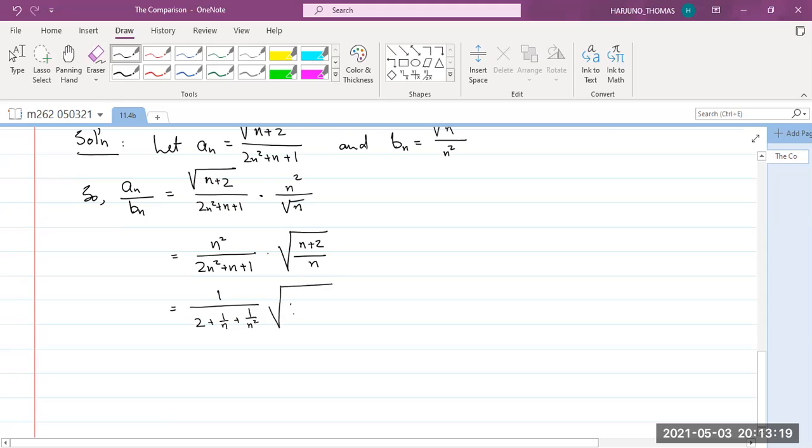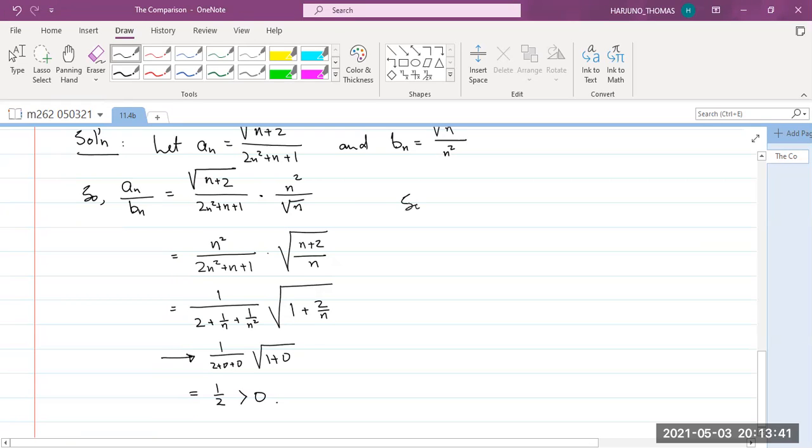And this one here will be square root of 1 plus 2 over n. Now this will converge to 1 over 2 plus 0 times square root of 1 plus 0, which is positive and finite, right?